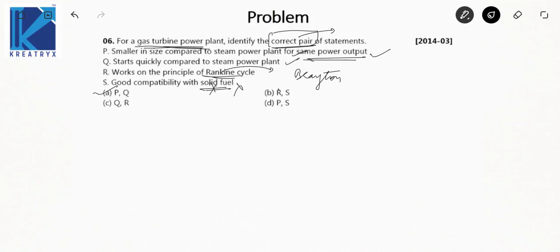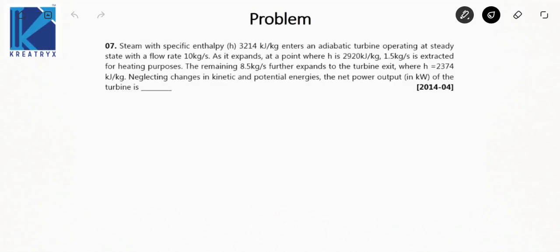Next question. Steam with specific enthalpy enters an adiabatic turbine operating at steady state with a flow rate 10 kg per second. As it expands at a point where H is this, 1.5 kg per second is extracted for heating purposes. That is, it is a question of regeneration.